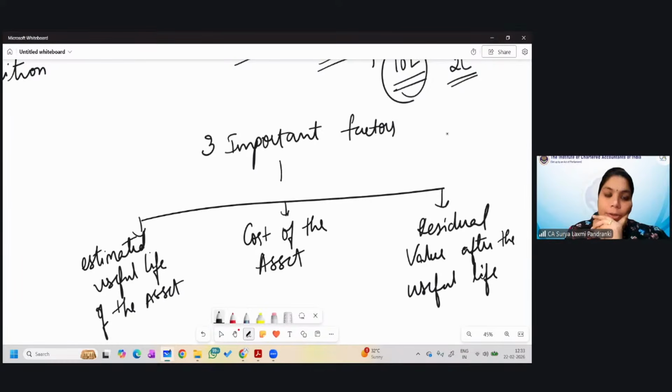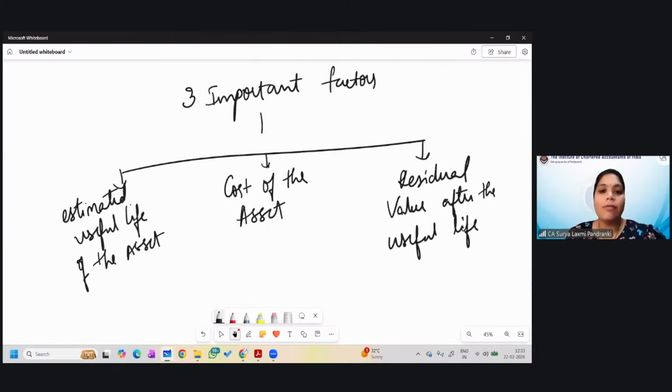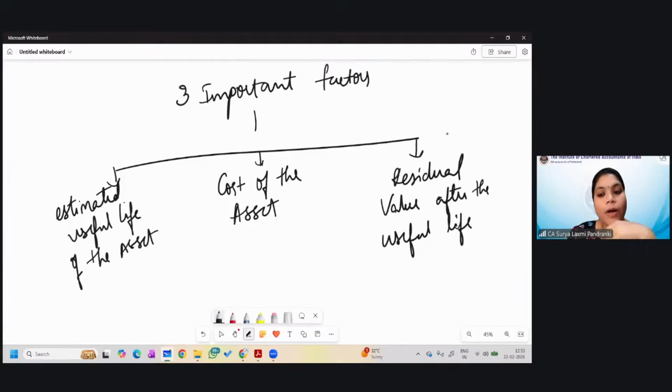Now, what is estimated useful life? It means I will assume that this building will be used for 10 years. That is estimated useful life. And what is the cost of the asset? If I have purchased this asset for 10 lakhs or 20 lakhs, that is the cost of the asset. And what is the residual value? Residual value means, after the useful life, which means after 10 years, if I have to sell this asset or building, what will be the value?